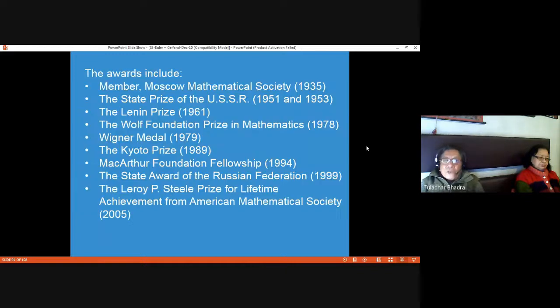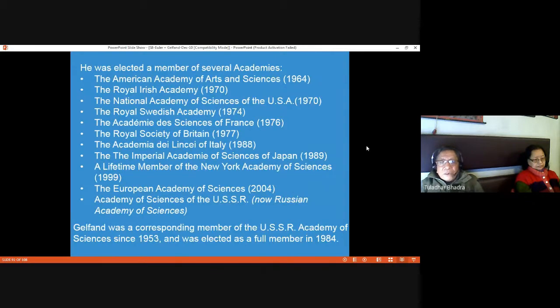His awards include: he was a member of the Moscow State Academy, the State Prize of the USSR, the Lenin Prize, the Wolf Foundation Prize in Mathematics, the Wigner Medal, the Kyoto Prize, the MacArthur Foundation Fellowship, the State Award of the Russian Federation, and the Leroy Steele Prize for Lifetime Achievement from the American Mathematical Society.